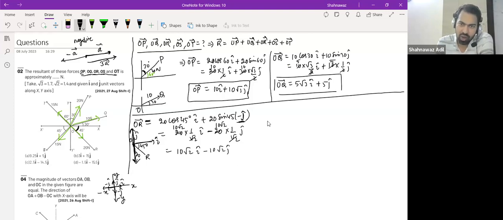Okay, so OR we have calculated, and then we have OS, right? So OS would be how? This is OS and it is making an angle of 45 degrees with the horizontal.